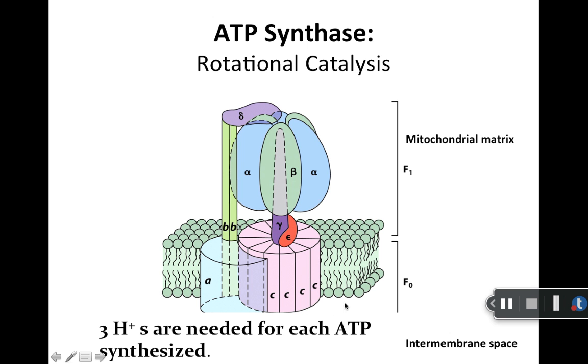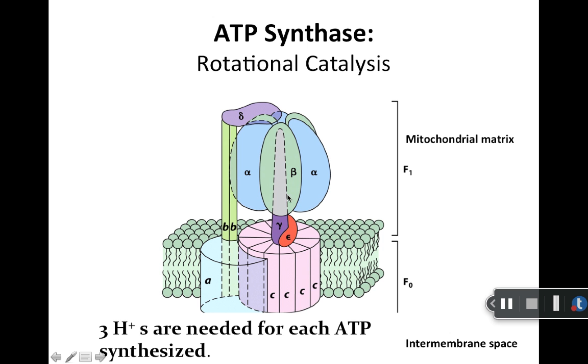So the gradient has a high hydrogen ion concentration on this side and a low hydrogen ion concentration on this side. And this enzyme allows for the controlled passage of hydrogen ions down their electrochemical gradient as they pass through this, what's called the FO portion of the ATP synthase.